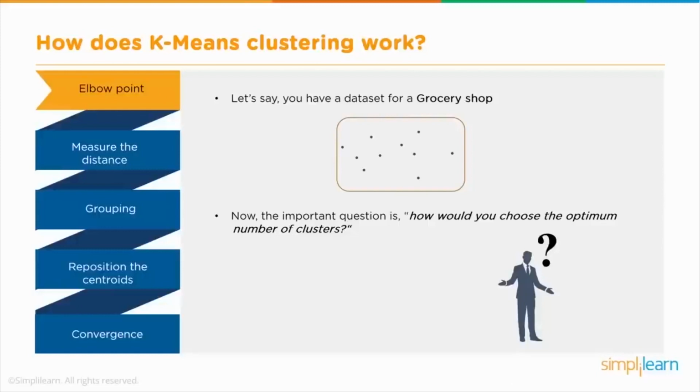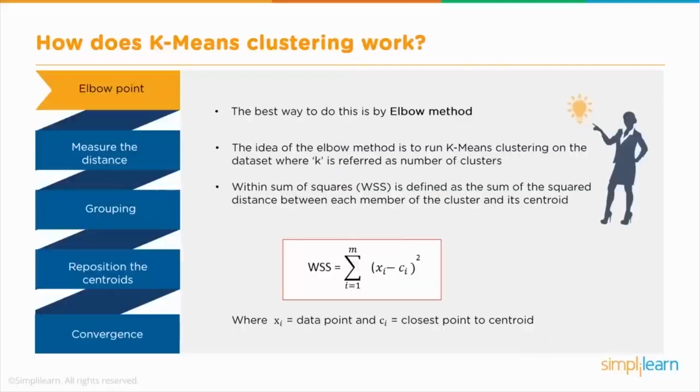Let's take an example. Let's say we have a data set for a grocery shop and now we want to find out how many clusters this has to be spread across. So how do we find the optimum number of clusters? There is a technique called the elbow method.